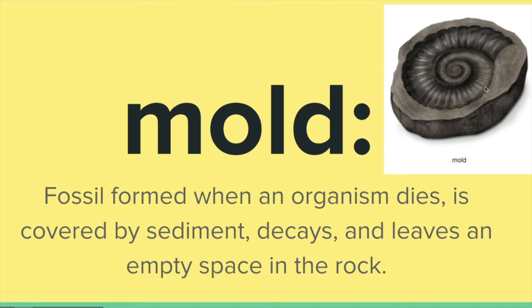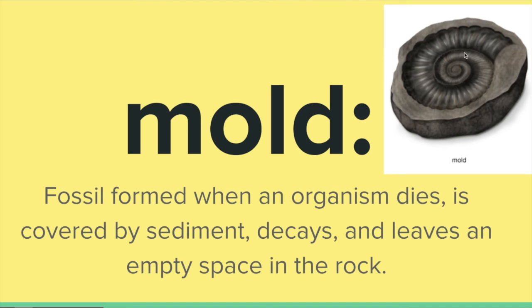It looks like it was a snail or some type of animal that lived in a shell. The actual animal was decayed. However, the outline of its body left an empty space in the rock.